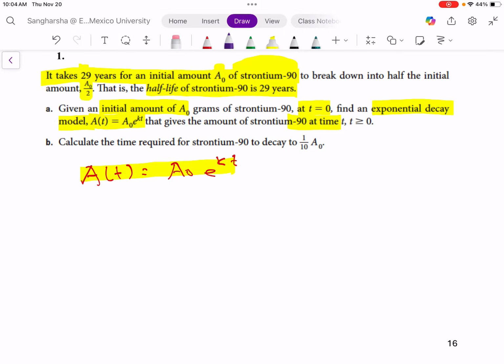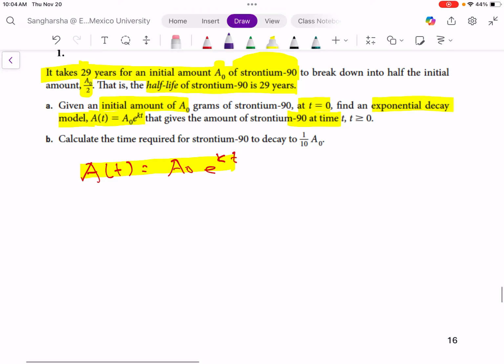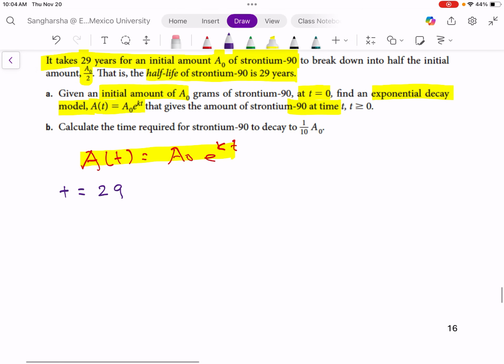So let's take t equals 29. When our time is 29 years, what will be the amount of strontium 90 after t years?